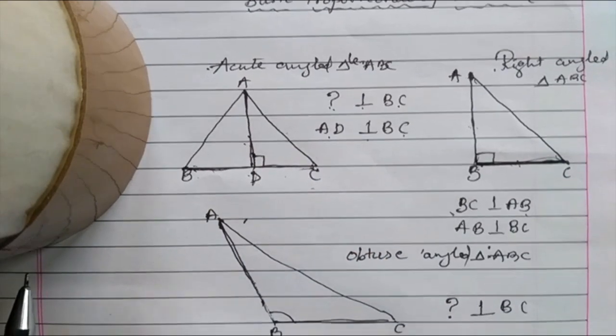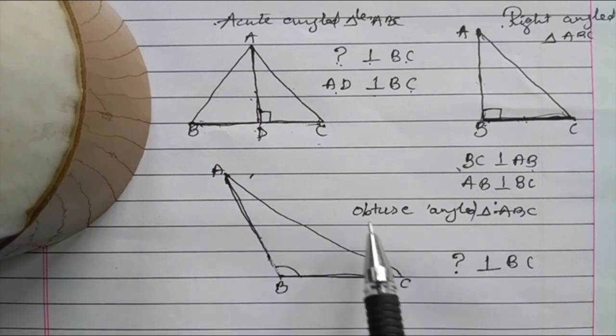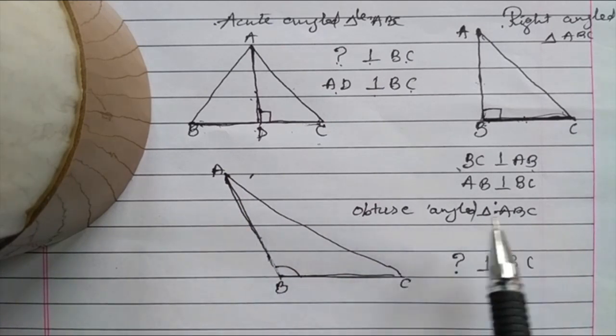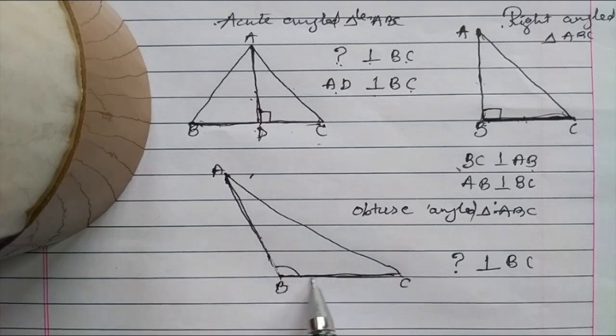Let's go for the third example. ABC is an obtuse angled triangle. In ABC, what is perpendicular to BC? BC is a base. If we take BC as a base, which is its height? Usually height means 90 degree to that.